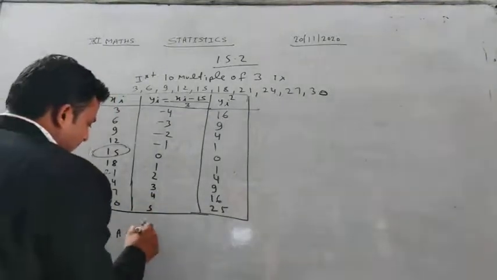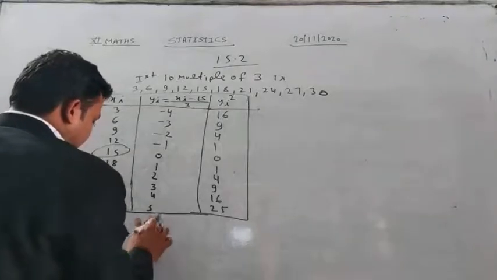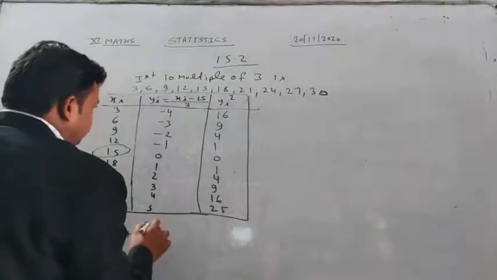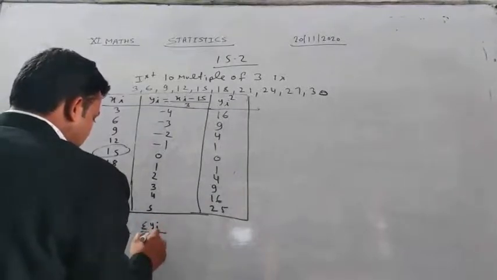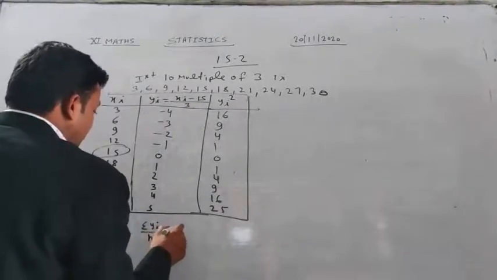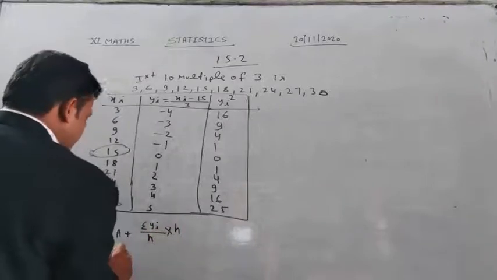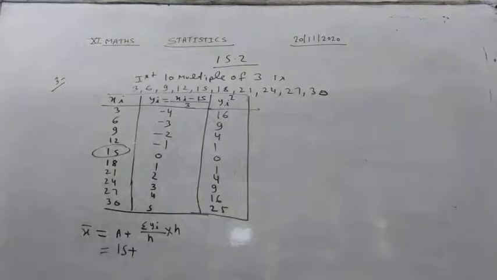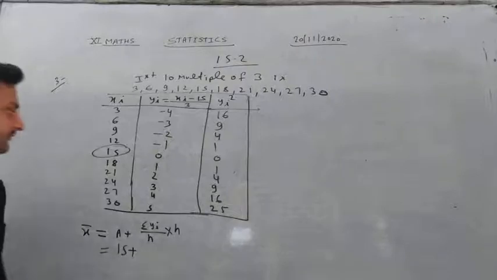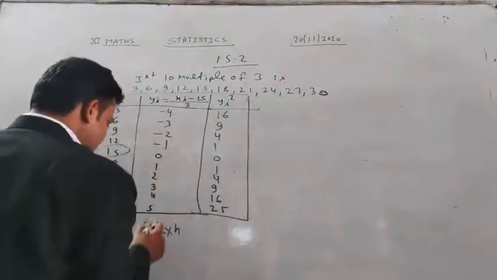x bar is A plus summation yi by n into h. A is 15, plus summation yi by n. Now what is summation yi?